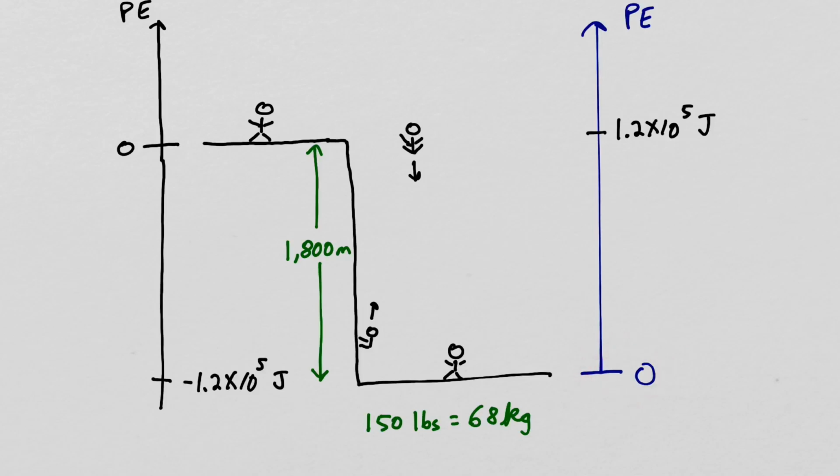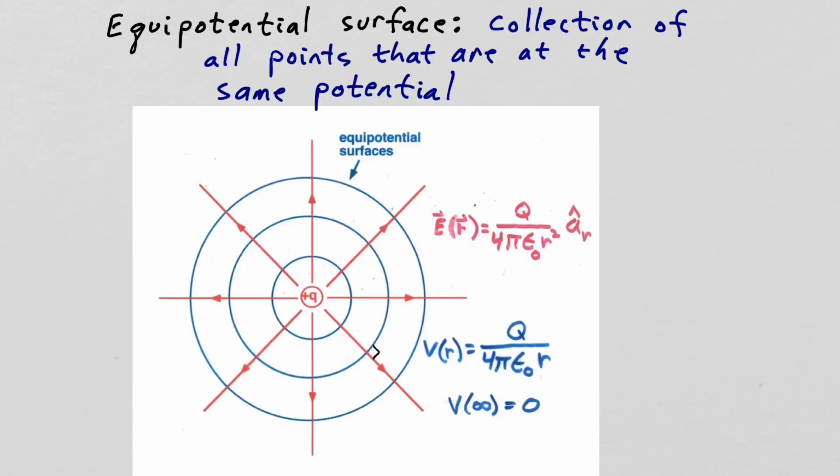An equipotential surface is a collection of all points that are at the same potential. So the potential difference between any 2 points on an equipotential surface will be 0. Here I'm showing the electric field intensity for a point charge at the origin. And here is the electric potential field with V at infinity set to 0.